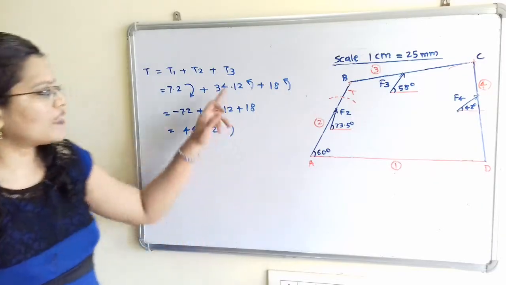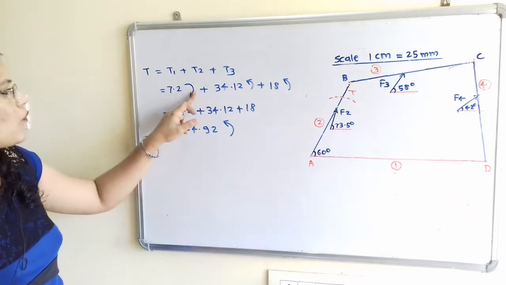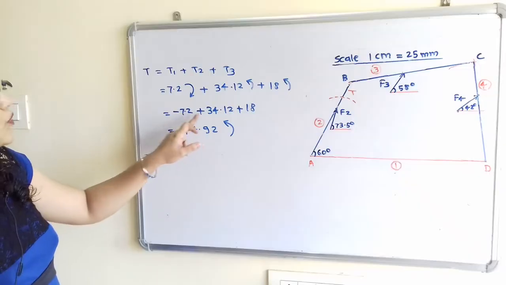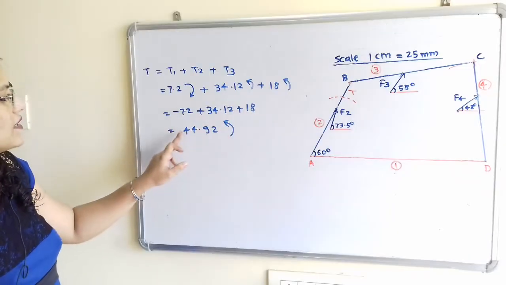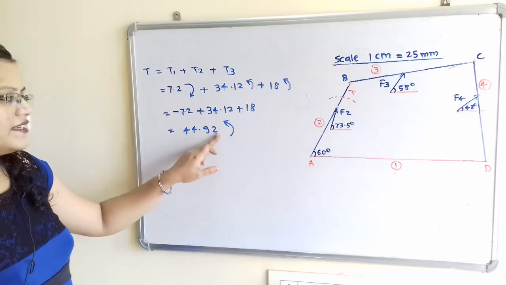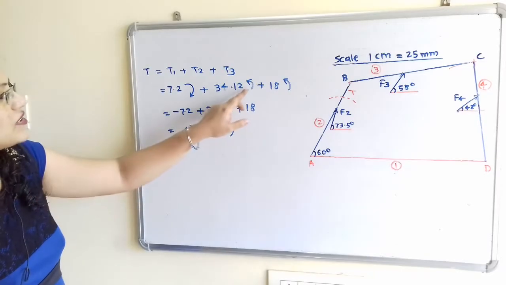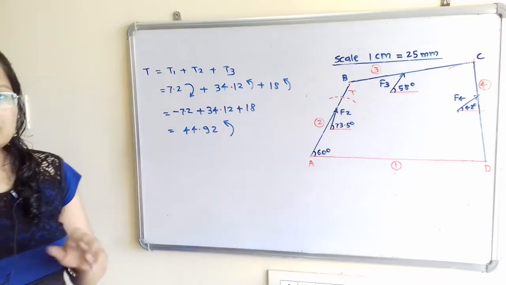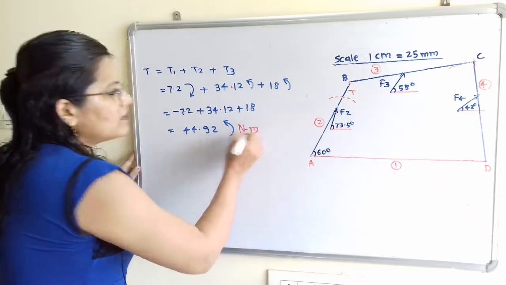In this case, for anti-clockwise direction we will consider plus sign and for clockwise direction we will consider negative sign. So minus 7.2 plus 34.12 plus 18. So the answer is 44.92. This answer has a positive sign, and positive sign is for anti-clockwise direction. So this torque T has anti-clockwise direction and the unit is Newton meter.